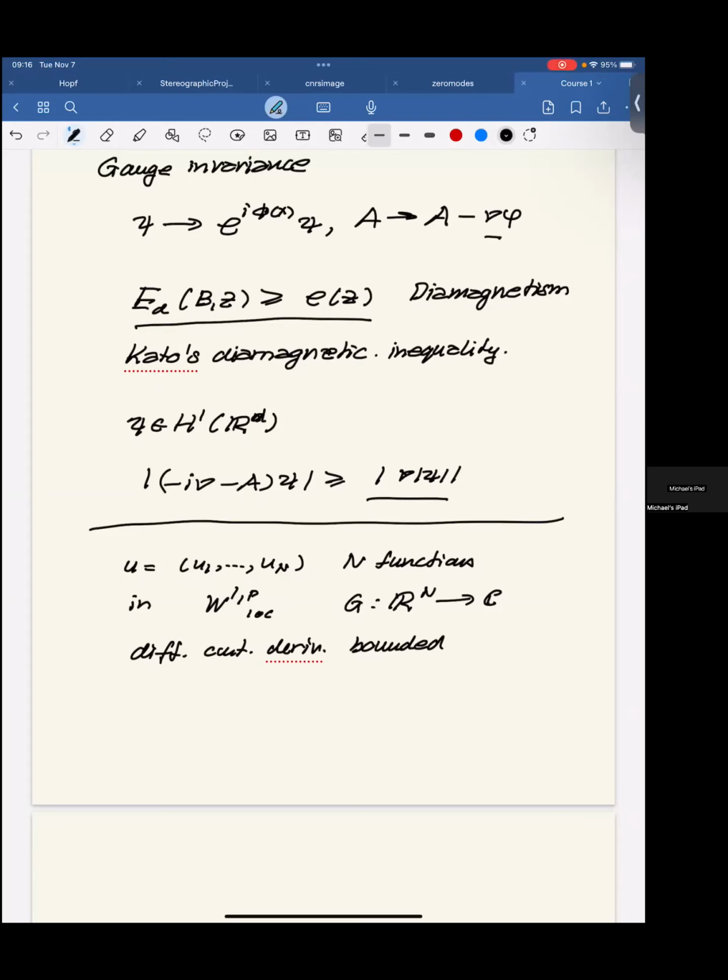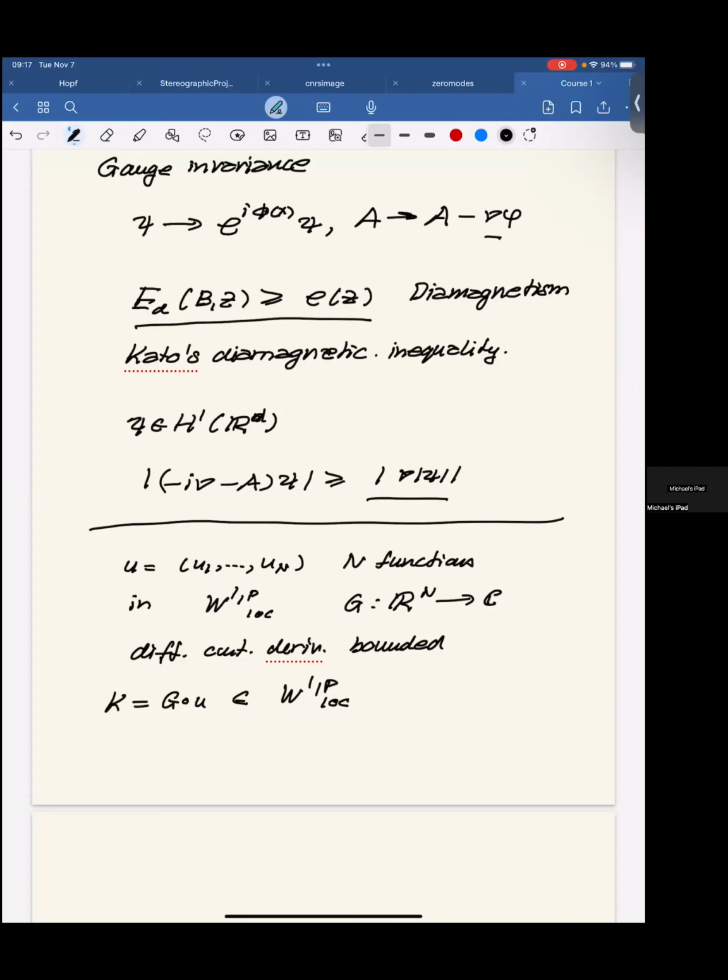Good. And then you form K, which equals G composed with u.